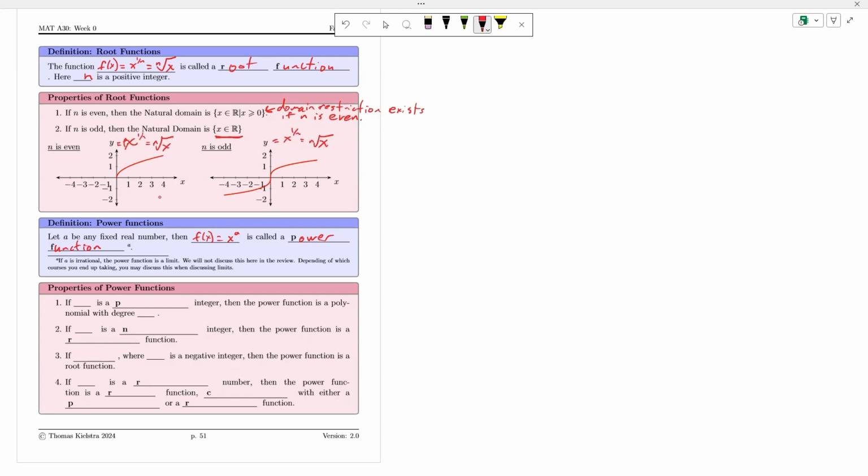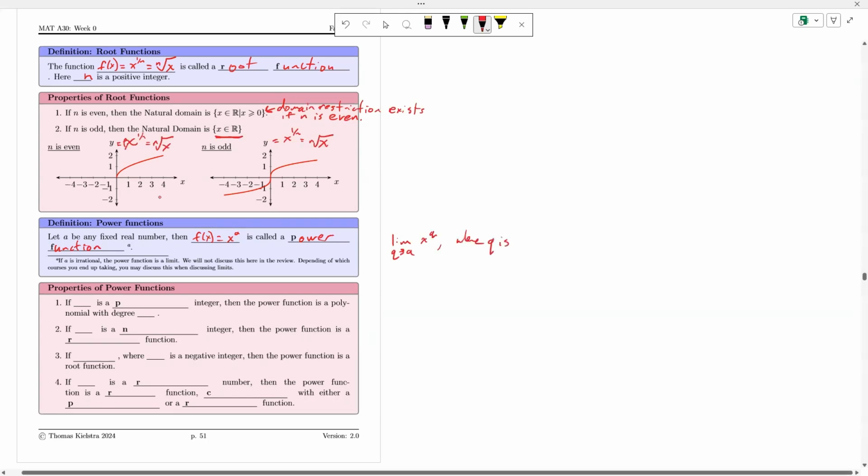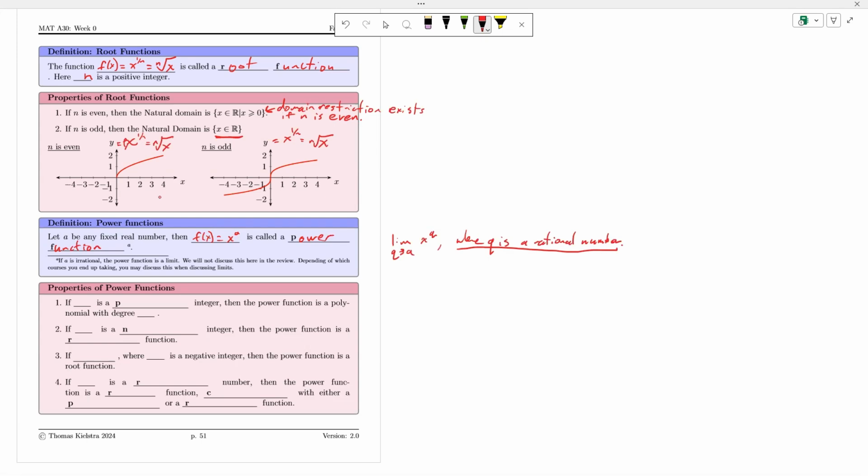Depending on which course you take, you may or may not discuss the power function as being a limit. It's the limit as q approaches a of x to the q, where q is a rational number. But we're not going to discuss this here. You may discuss this in your future calculus courses, depending on how proof heavy the course is.